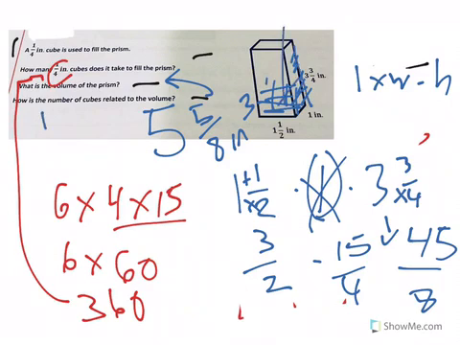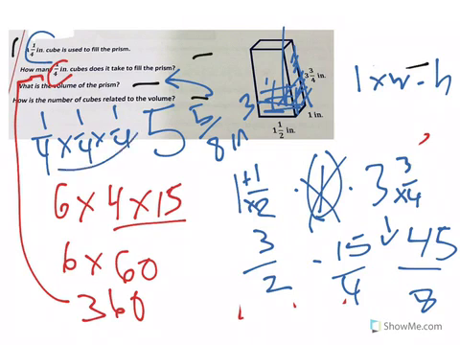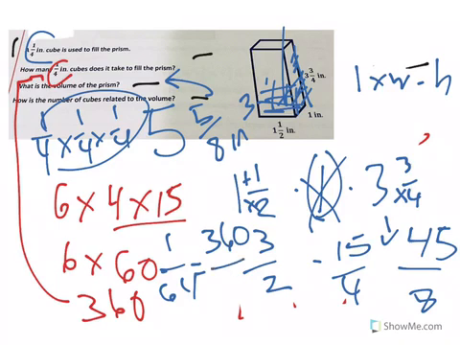And so if you took the 1/4 times 1/4 times 1/4, right, because it's a 1/4 inch cube, multiply those together, you'd end up with 1/64. And then 360/64, divide that, you end up with 5 5/8. So that's how it's related in a nutshell.